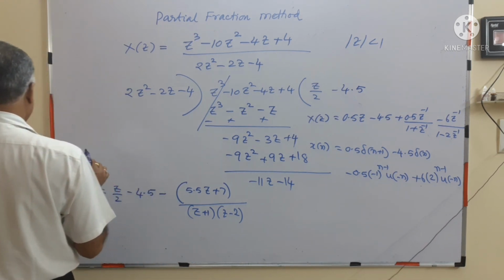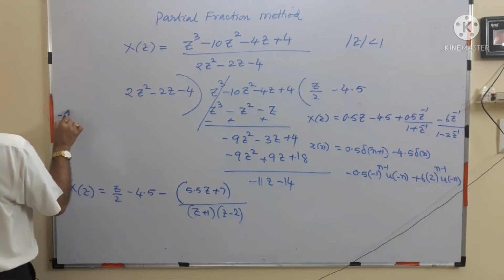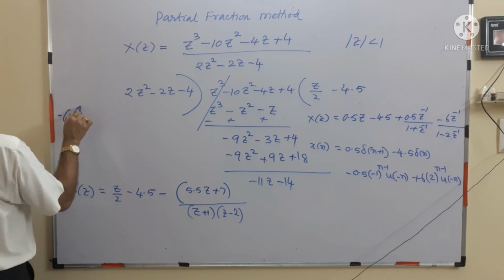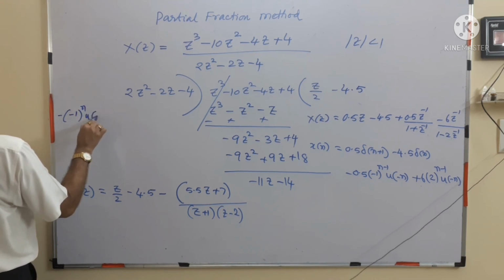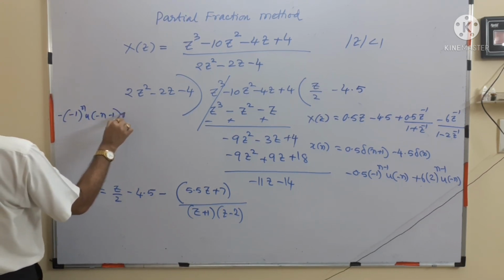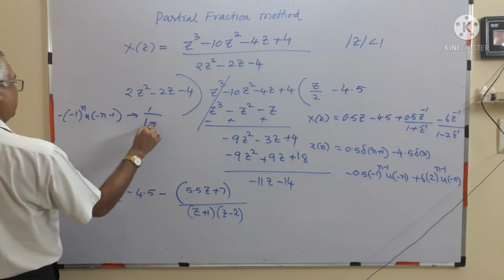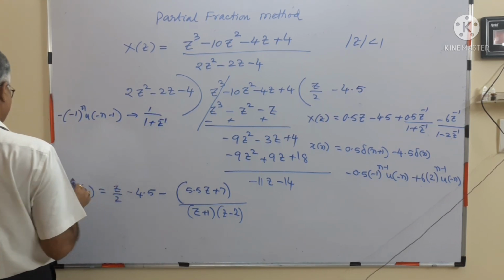Just to see this: minus of minus 1 to the power of n u of minus n minus 1 is 1 by (1 plus z inverse).